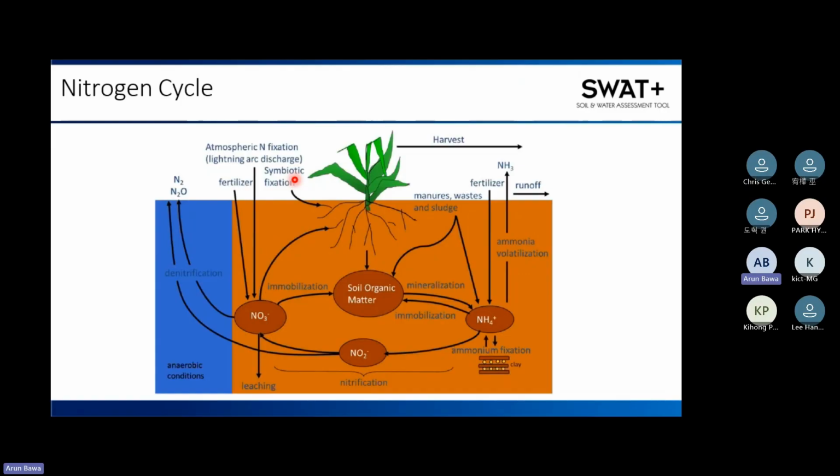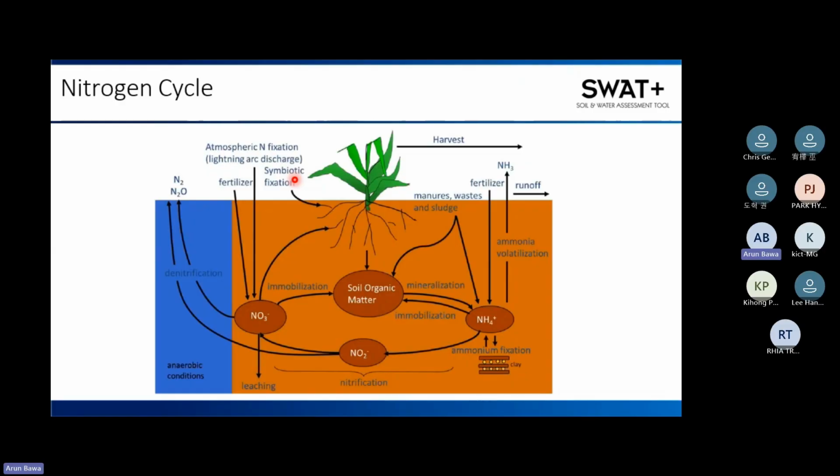Unlike other models that utilize a very basic nutrient cycling model, SWAT has very detailed nutrient cycle modules. This one is for the nitrogen cycle. For inputs, you have the commercial fertilizer you put into your field. You have organic fertilizers like manure or other waste, cow manure or dairy manure, or sludge from the treatment plants. And then there is atmospheric nitrogen deposition also, because nitrogen is abundant in the atmosphere.